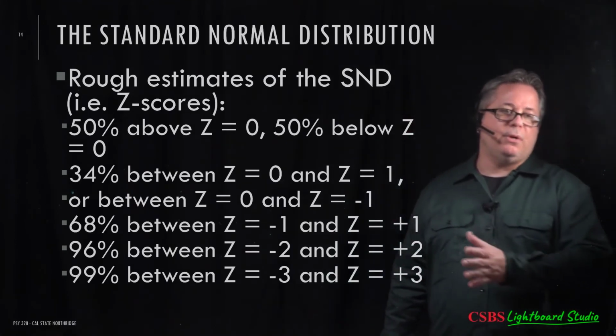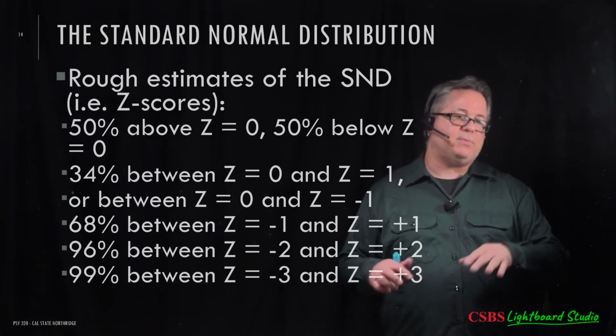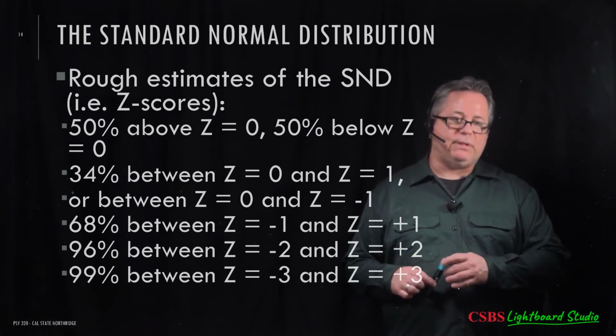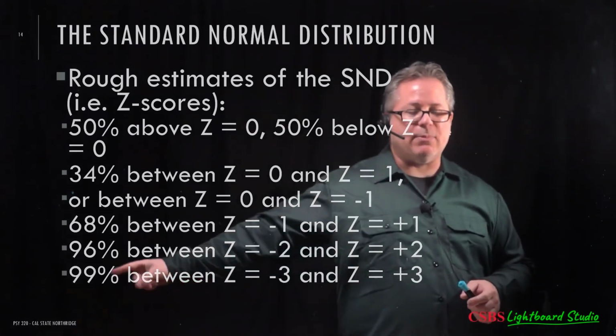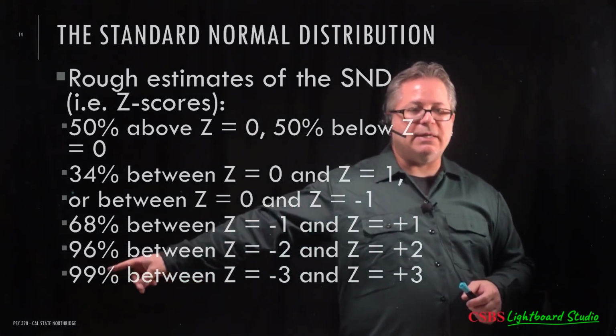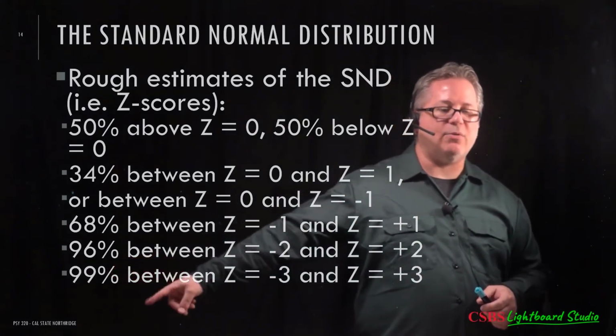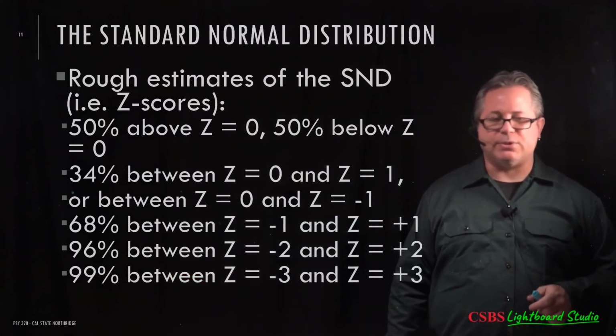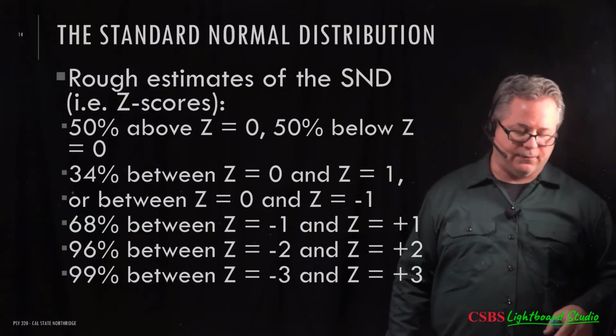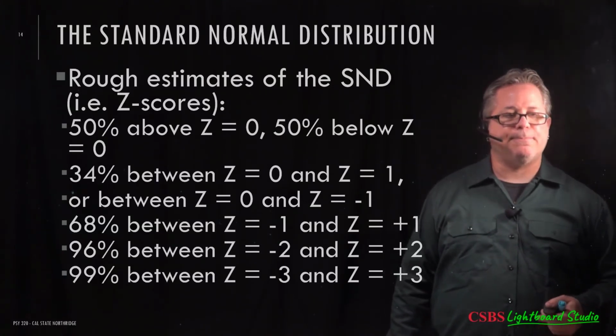So the majority, by far, 96% of the scores will fall between -2 and +2. This says 99%, but if you actually add them up, it's really 100. But really, 99.7% are between -3 and +3, which again, with rounding, is functionally 100%. Okay?